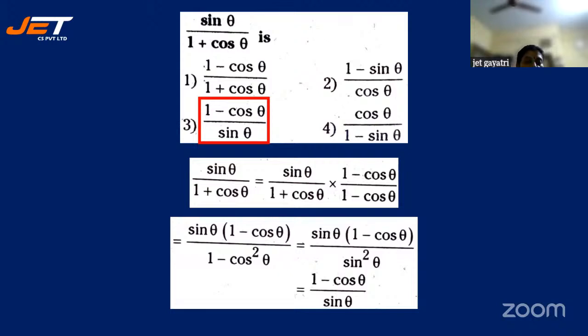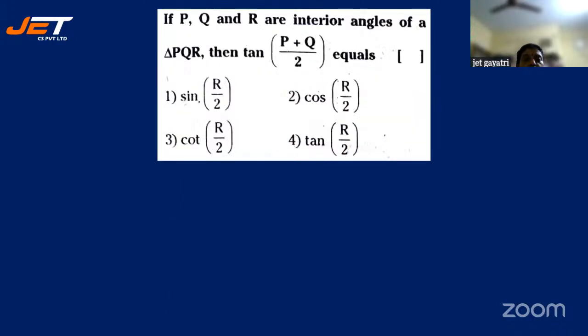All right. Next, what you get in this is sin theta minus sin theta cos theta by sin square theta. So you can just cancel it, which is nothing but 1 minus cos theta by sin theta. That is how your option 3 is the correct one.